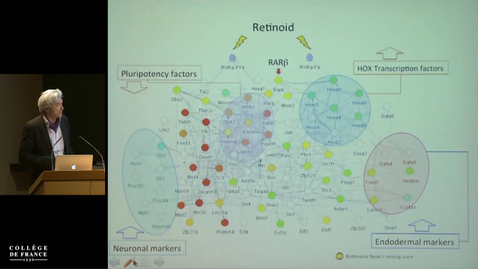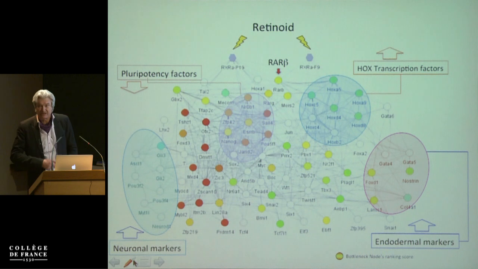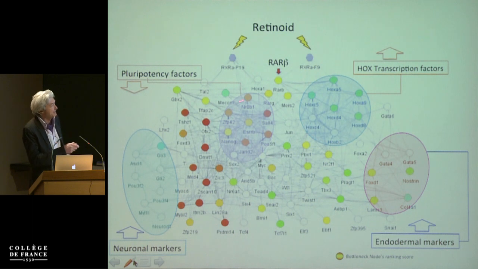And this is when you add the connectivities into the gene regulatory network, where you see certain sets of genes which drive particular functionality. Without going too much into detail, there are pluripotency factors which are depicted here. And these pluripotency factors are repressed in general, whereas a class of Hox factors are activated, as well as the neuronal specific markers.